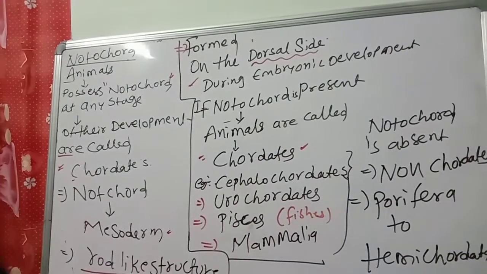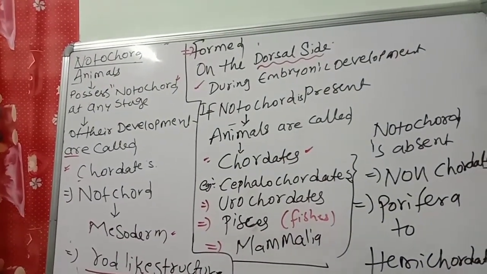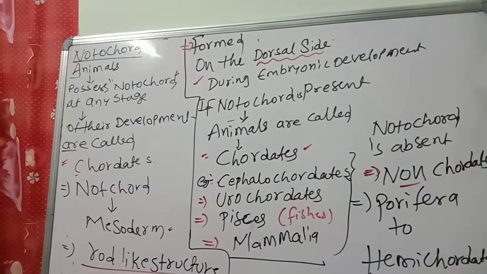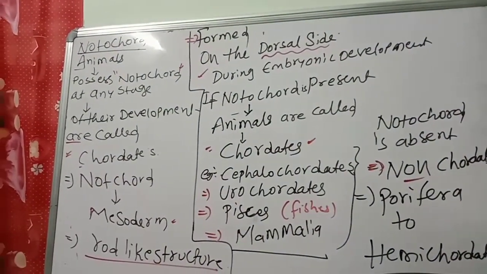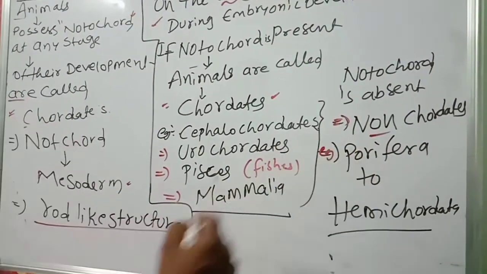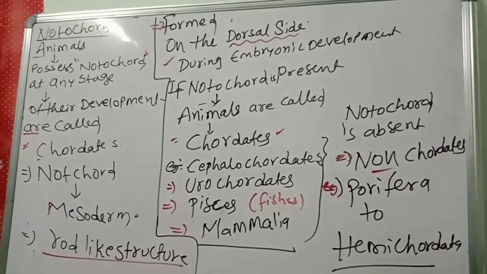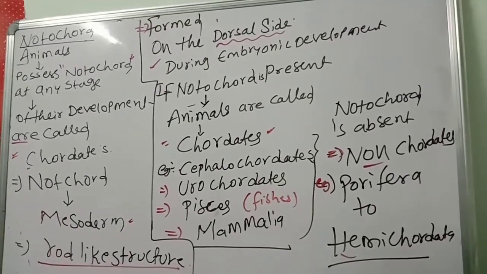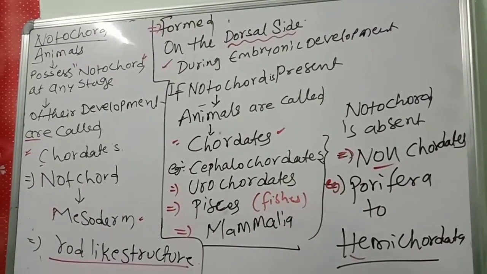If the notochord is absent, those animals are called non-chordates. Examples: porifera to hemichordata. So like this, notochord is present and absent.